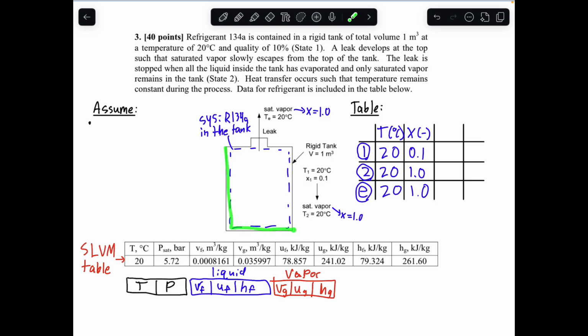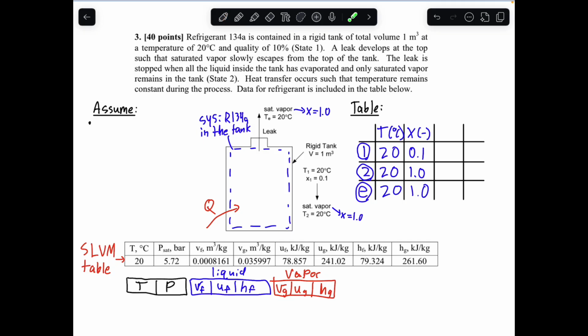These walls are fixed and the fluid is not going to be doing any work on this, and then we don't have any external work. So we're not going to draw any work here. Then heat transfer, though, it tells us that some heat transfer occurs such that the temperature remains constant during the process. So that means we're going to have some heat transfer Q going into our system.